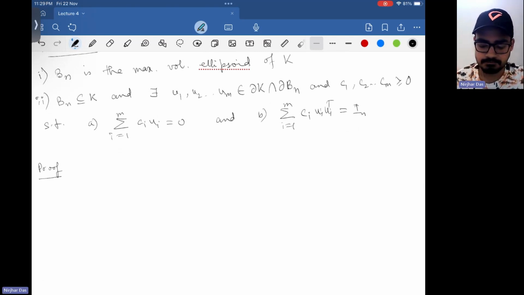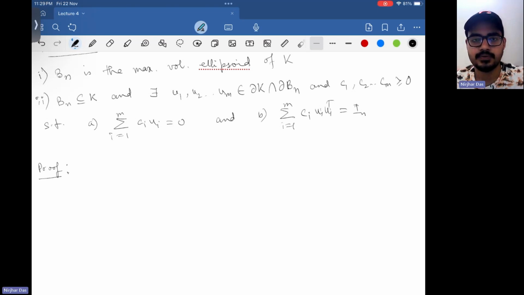So in the symmetric body case, the first thing to note is that a symmetric convex body is defined as the convex body for which if x belongs to the convex body, then minus x also belongs to the convex body.